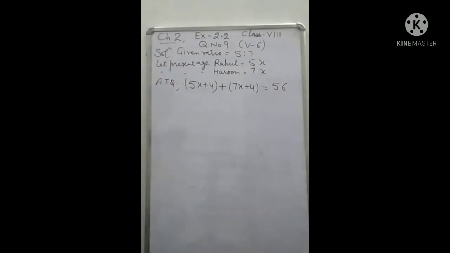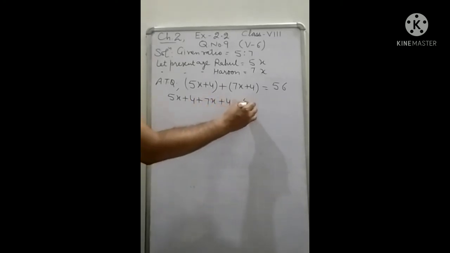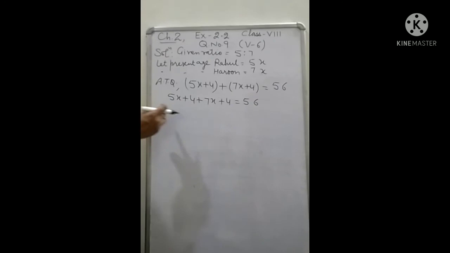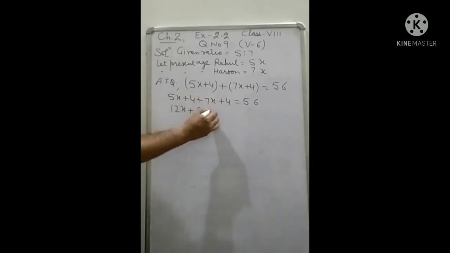Now we have to solve it and find the value of x. So take 5x plus 4, plus 7x plus 4, and that is equal to 56. Now just add: 7x plus 5x is 12x, plus 4 plus 4 is 8, equal to 56.